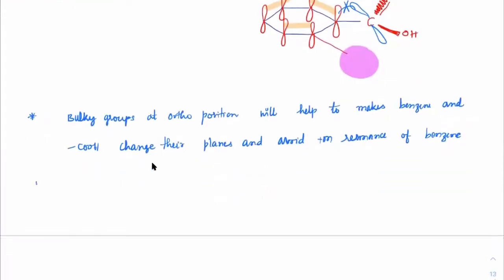So if that happens, what would happen? The bulkier the groups, the more acidic the benzoic acid will become.